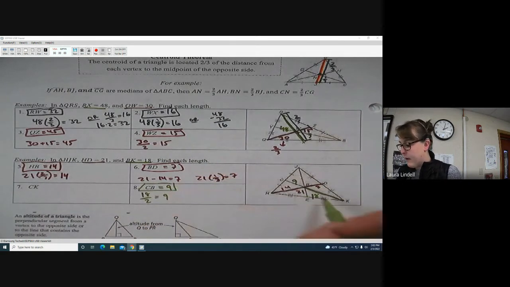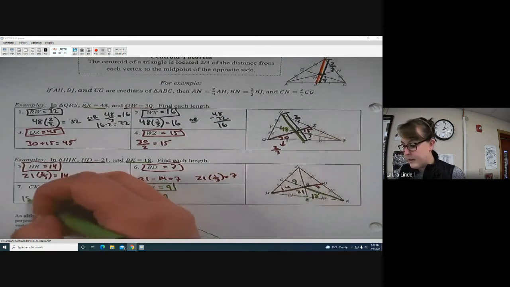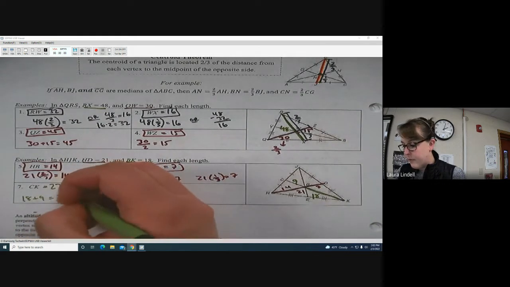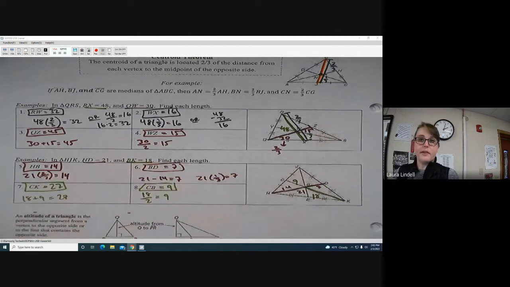And then if you add those together, you get the whole thing. 18 plus 9 is 27. So CK, the whole thing, is 27. All right. So that's most of what we need to know concerning the centroid theorem. So we're figuring out what 1/3 or 2/3 or a whole thing will end up being.